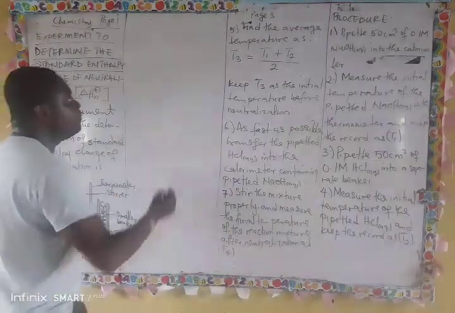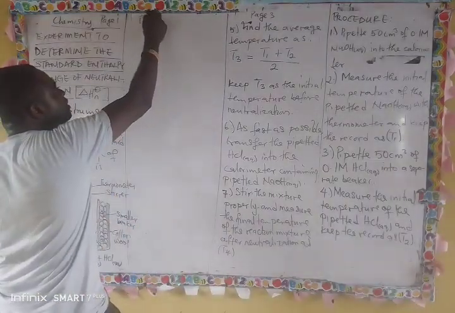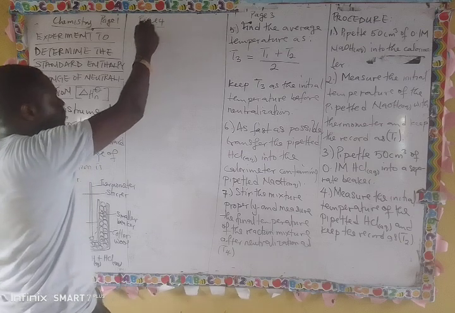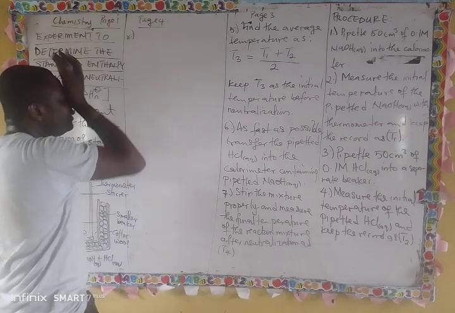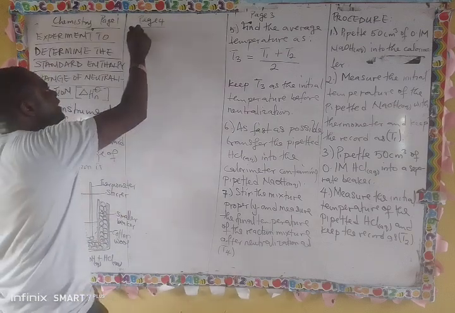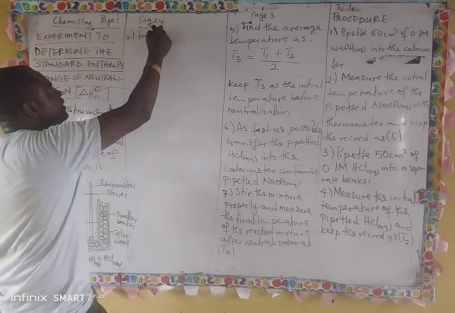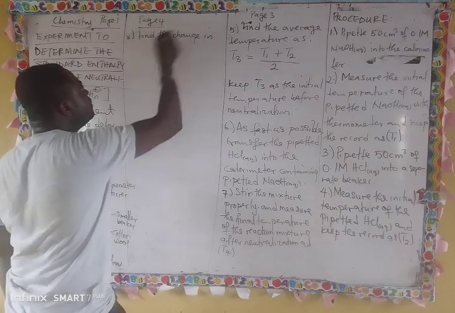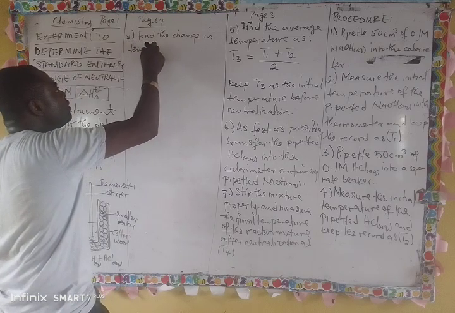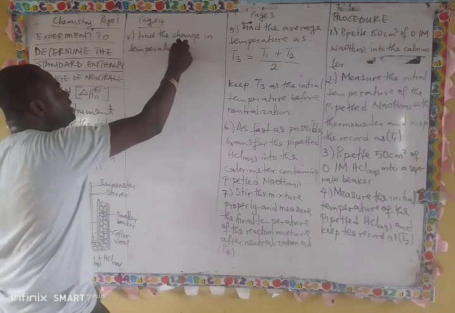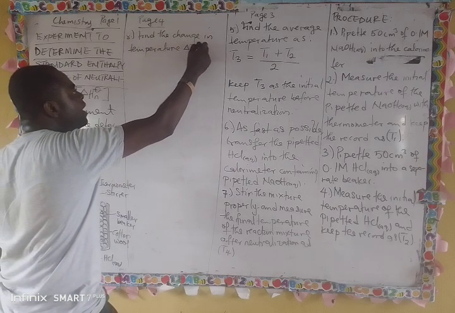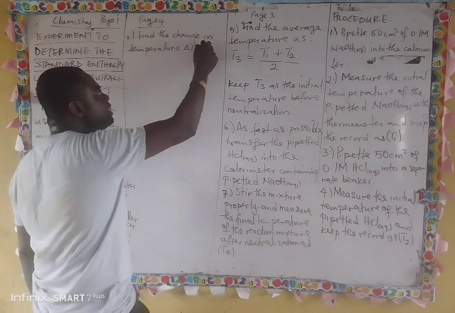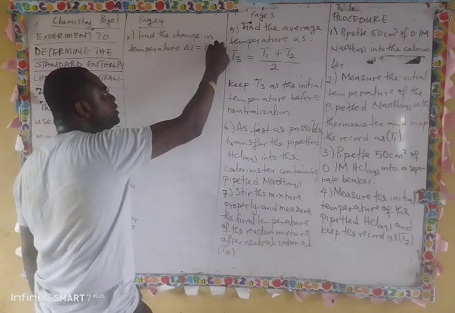That's the final temperature. In page 4, number 8 now, find the change in temperature, delta T, which will be T4 minus T3.